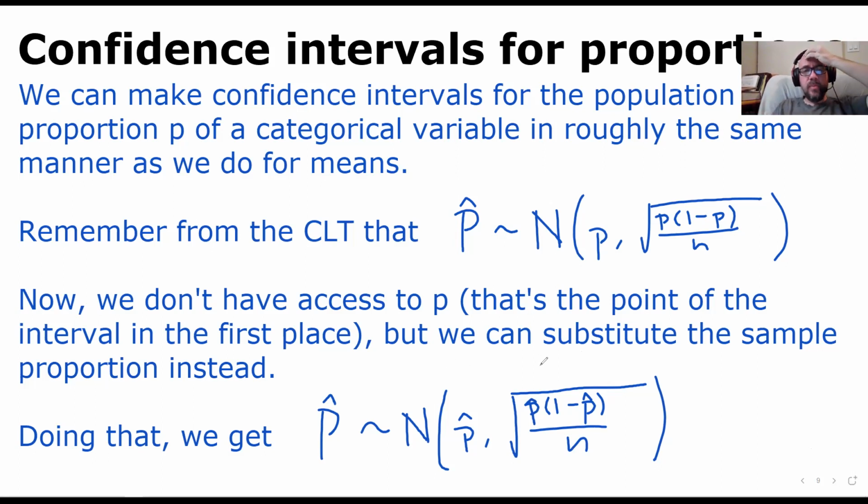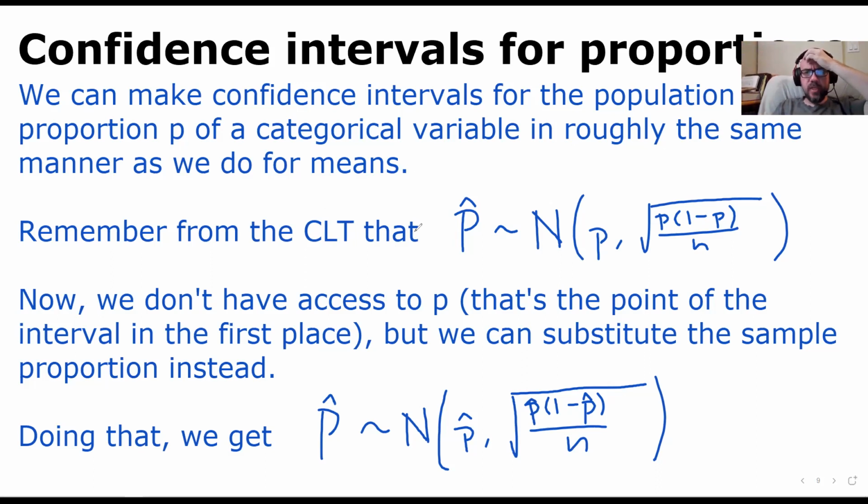So we can make confidence intervals for population proportion in pretty much the same manner that we do for means. We just use a different calculation for the sampling distribution, but all the logic is the same, right? It's just that instead of X bar and mu, now I've got P hat and P. That's the only difference. Logically, it's the same stuff.